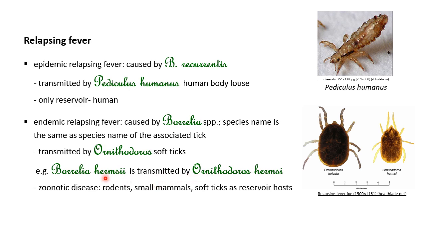That is why it's called Borrelia hermsii. This is a zoonotic disease, and the animals that serve as reservoir hosts are rodents, small mammals, and soft ticks themselves. We have here the figure of Pediculus humanus and the soft tick Ornithodoros species.